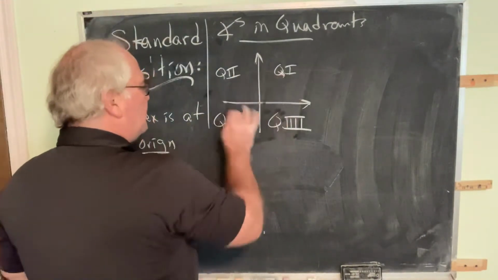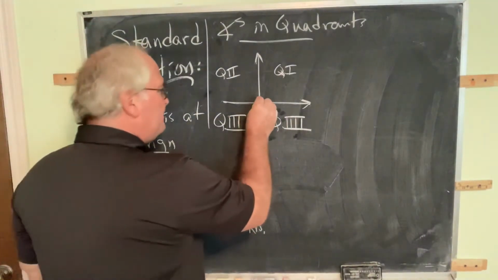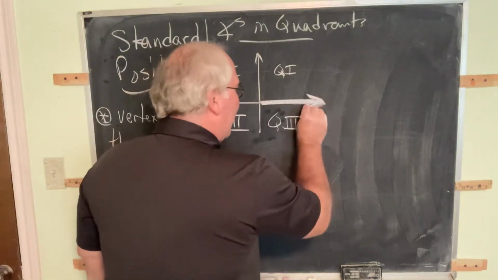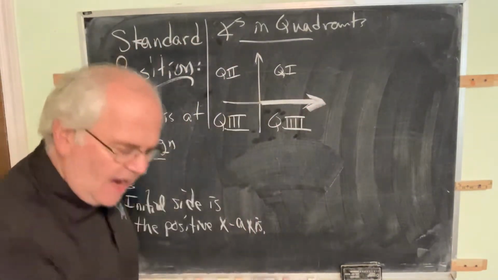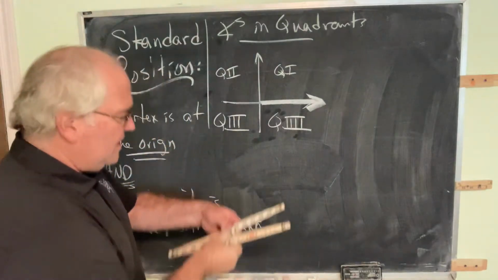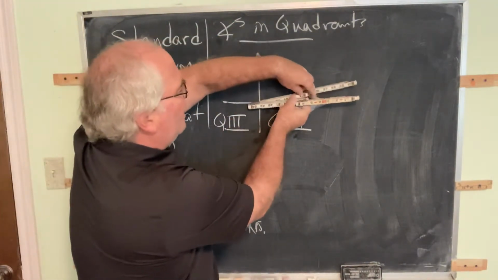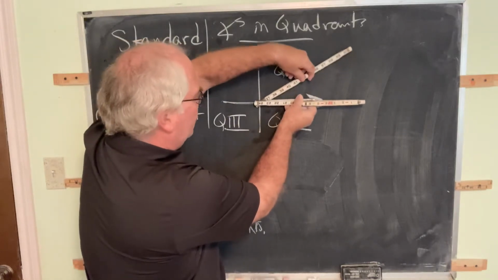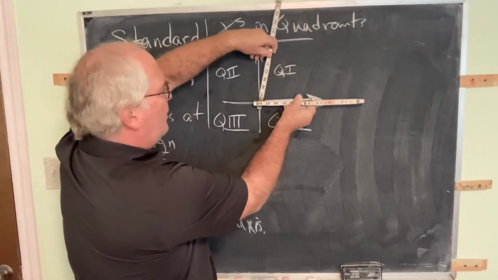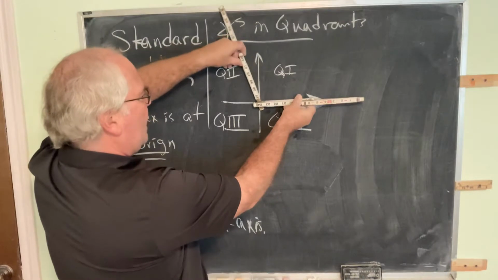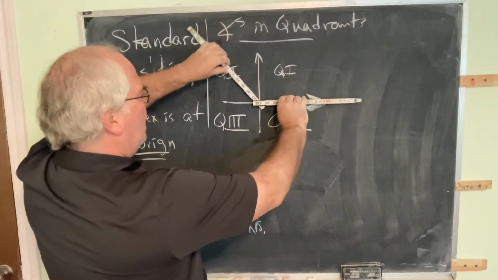So quadrant 1, 2, 3, 4. The reason they do this is, if you have an angle in standard position, and as I rotate this angle, I sweep through the various quadrants in this order. This is the first quadrant through which I sweep, and this is the second quadrant through which I'm sweeping.